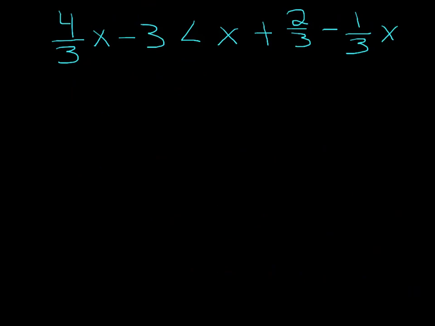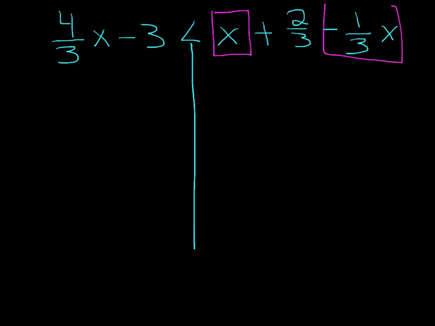Alright, let's do one more example together, and then you can try 2 on your own. So, we have 4/3 x minus 3 is less than x plus 2/3 minus 1/3 x. First, look to distribute, but there's nothing. Then you have to look to see if you can combine any like terms that are on the same side of the inequality.